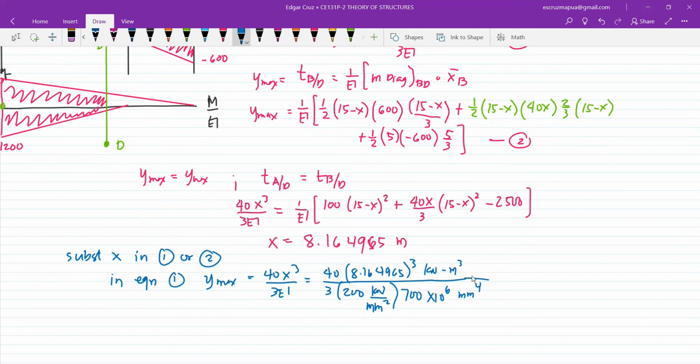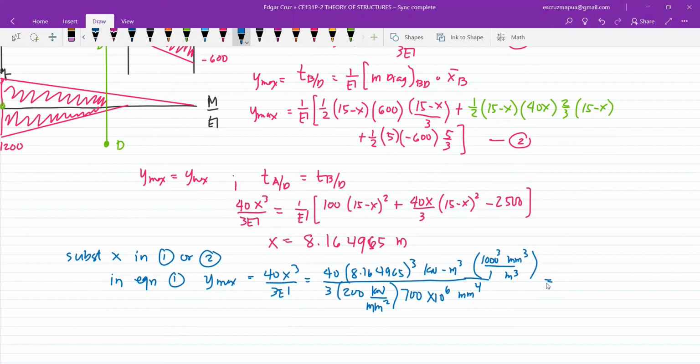The kilonewton cancels, so our only conversion factor is the meter: meter cubed must become millimeter cubed. One meter is 1,000 mm, cubed.